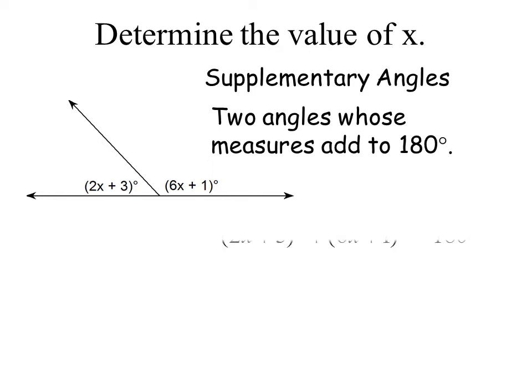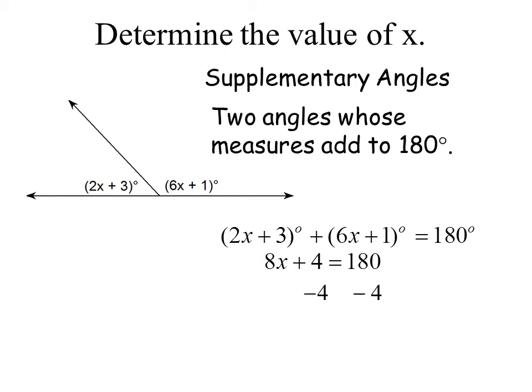Now I can write an equation. 2x plus 3 plus 6x plus 1 has to equal 180 degrees. I'm just going to combine my like terms, so I have 8x plus 4 is 180 degrees. Subtract 4 from both sides. 8x is 176. Grab my calculator and divide 176 by 8, and I know that x is 22.